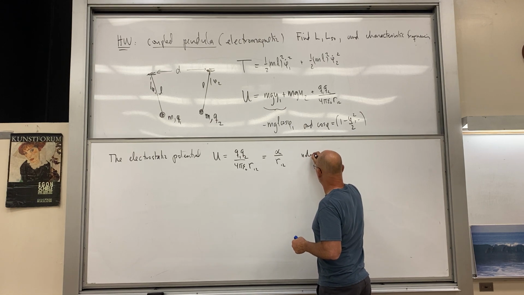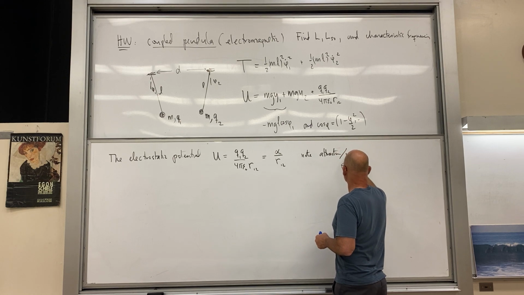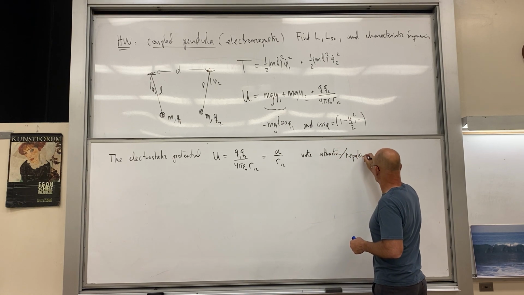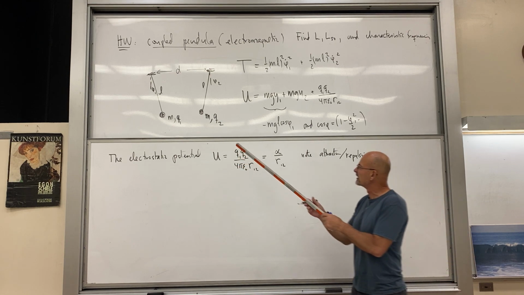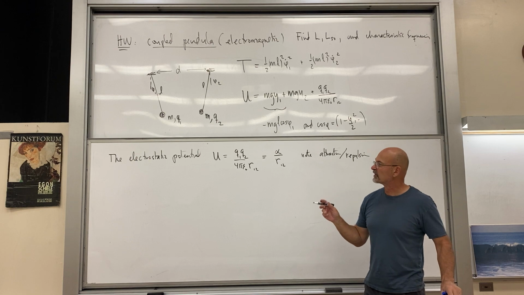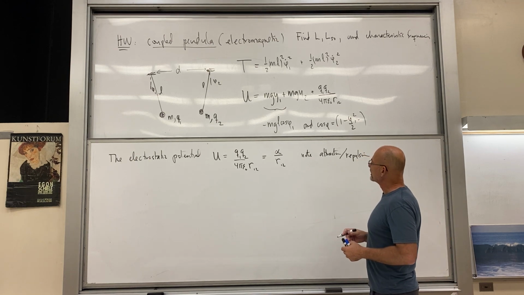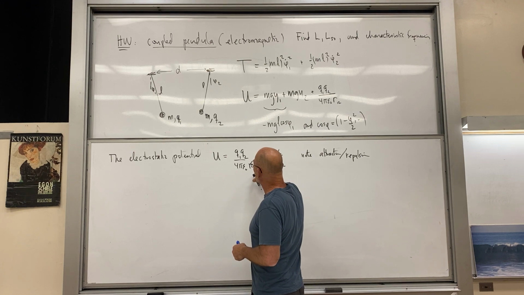So note attraction / repulsion. Interesting subtleties, because the attractive and repulsive cases give slightly different expressions. Very interesting. Okay, so what else now? This R12 is a function of phi1 and phi2.